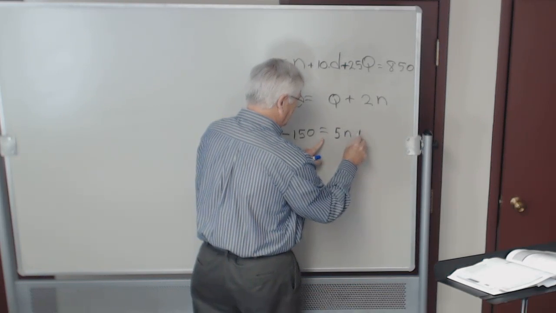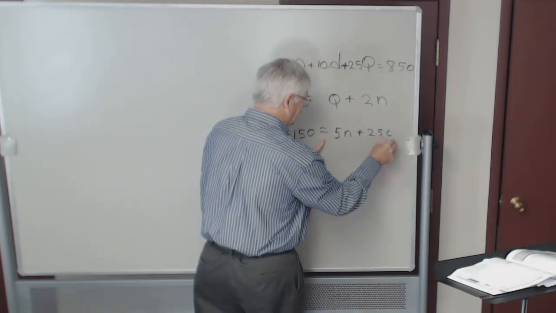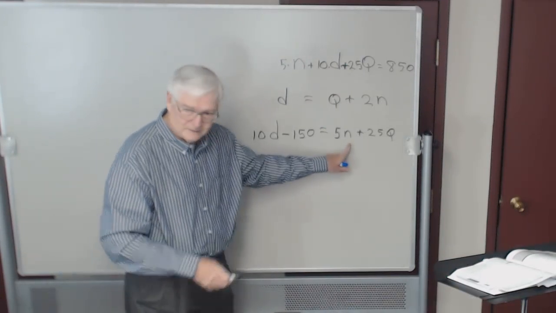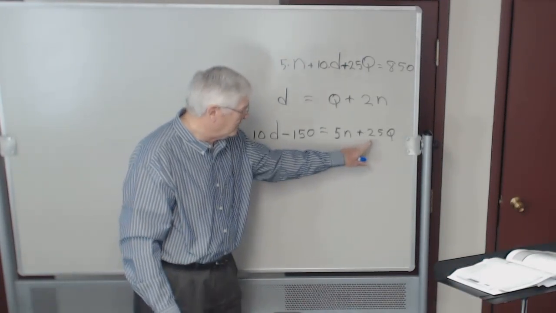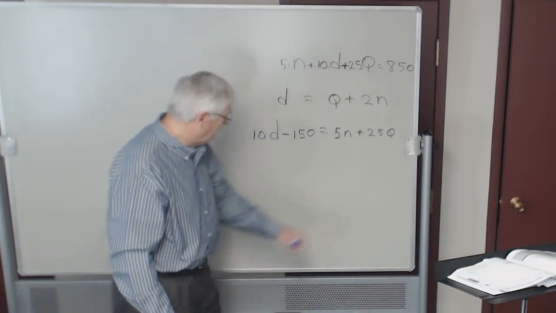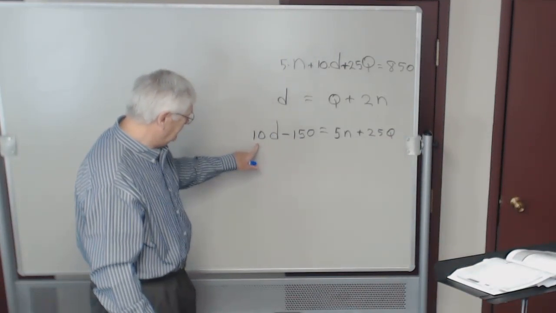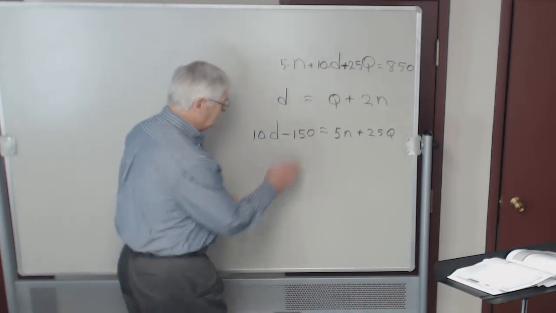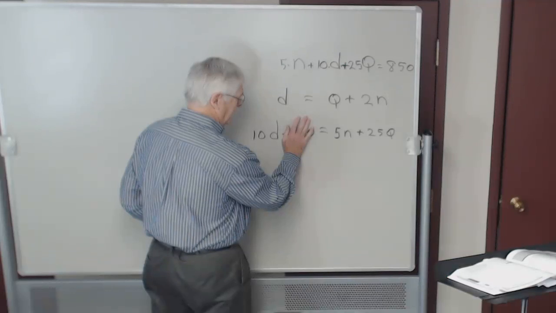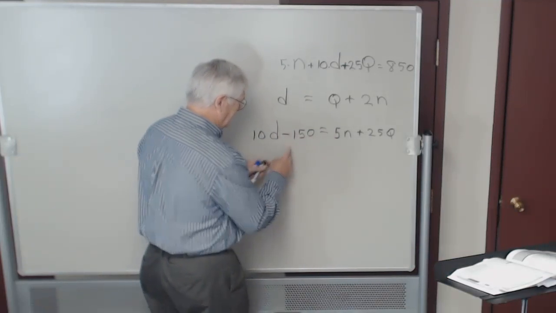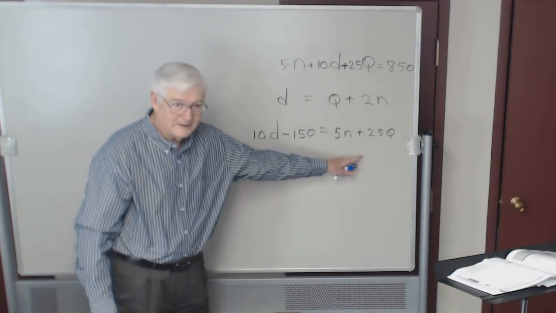The value of the nickels, 5 times n, plus the value of the quarters, 25 times q, and the dimes, 10 times d, is larger. Those two numbers aren't equal, are they? This number is larger than that one, so I have to subtract 150 from here to make it equal.